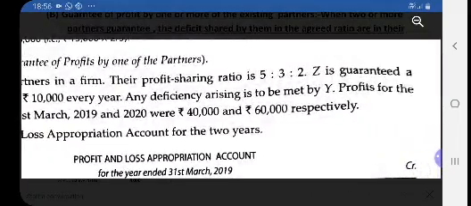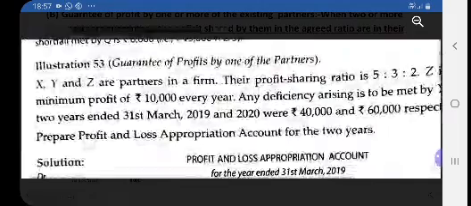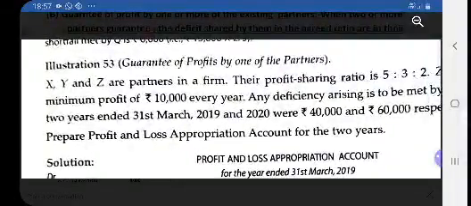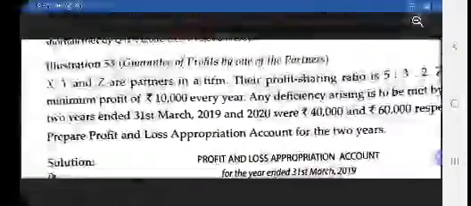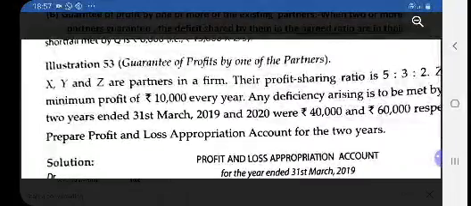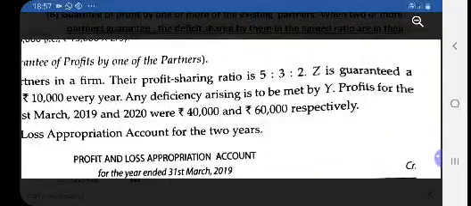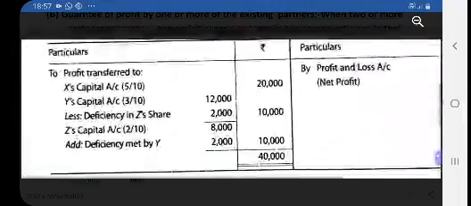Any deficiency arising is to be met by Y. Profit for the two years ended 31st March 2019 and 2020 is 40,000 and 60,000 respectively. Prepare the P&L appropriation account for the two years. Here, who will bear the deficiency?